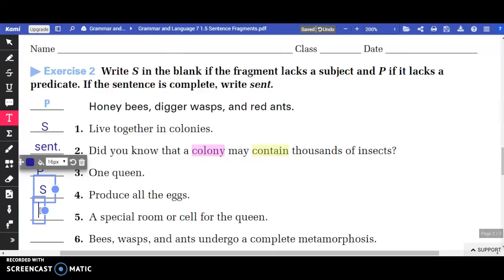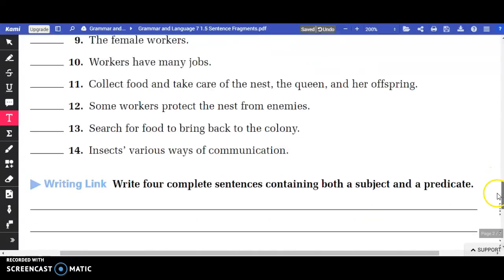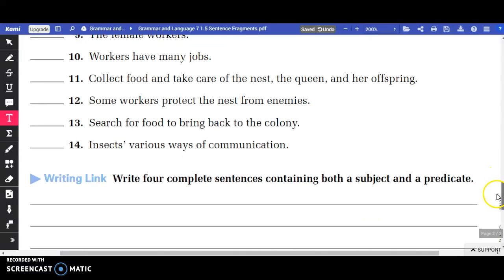I know it's about that special room, but I don't know what that room did or how it's being, so I'm lacking a predicate here. Please complete 6 through 14 on your own.